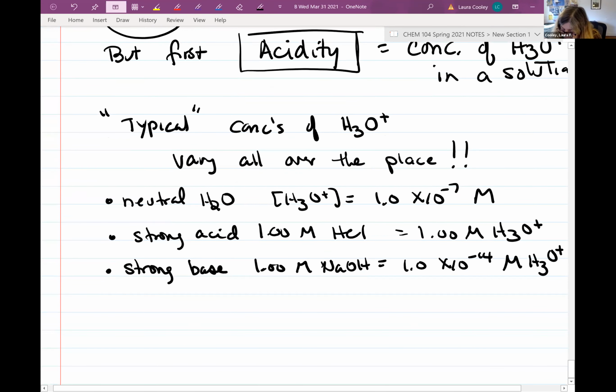So look at this. We have this enormous range of possible concentrations, possible acidities, different acidity values.